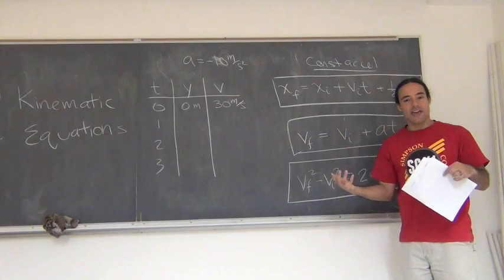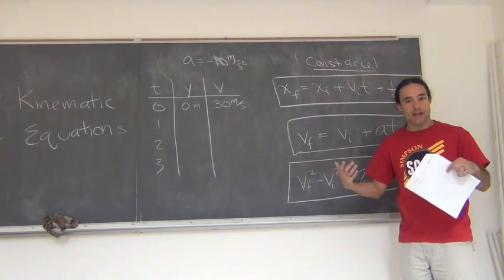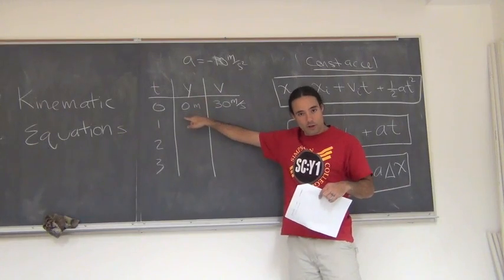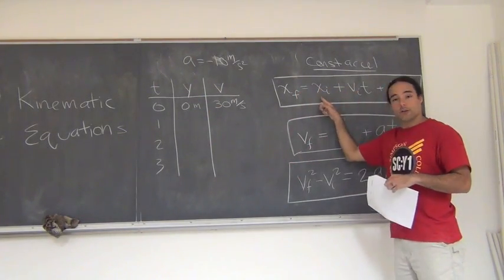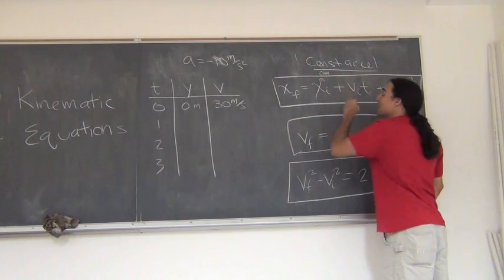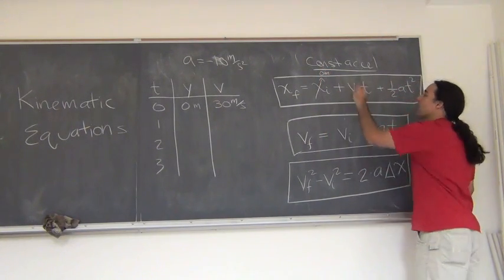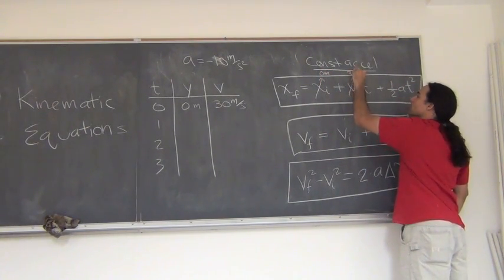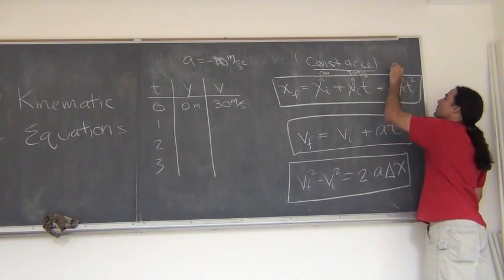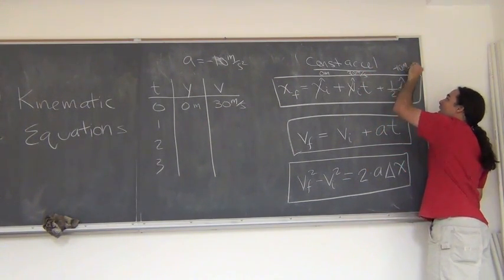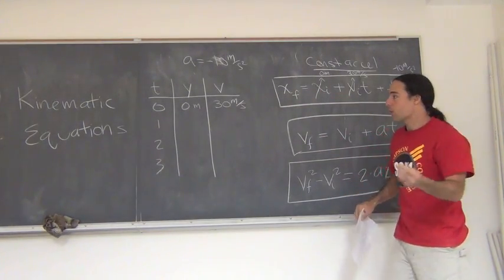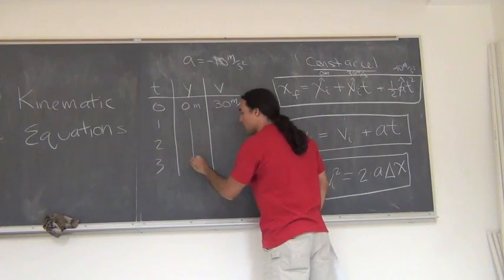But the equation is exactly the same either way, whether I write it as an x or a y. So you want to find the height of the ball, which starts off at 0 meters. So your initial height would be 0 meters. Your initial velocity, we said that was 30 meters per second. The acceleration, we said, was negative 10 meters per second squared. See if when you plug in here, you get the same numbers that we got before for your y column.